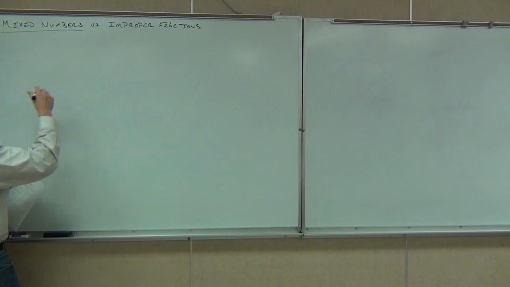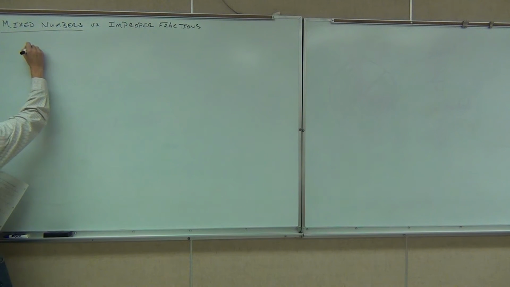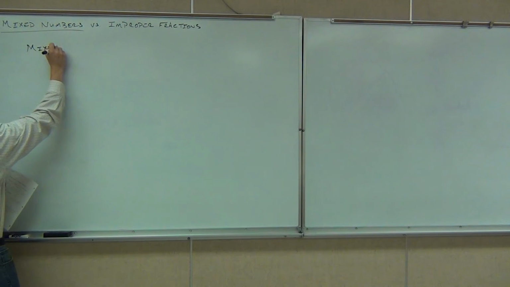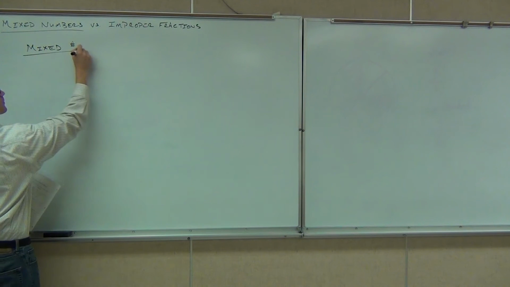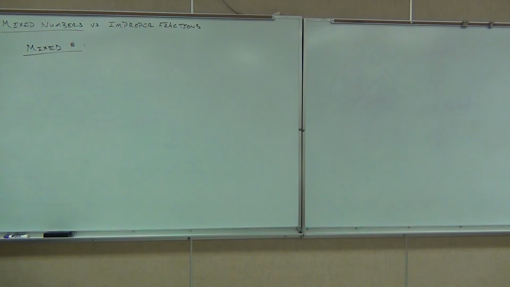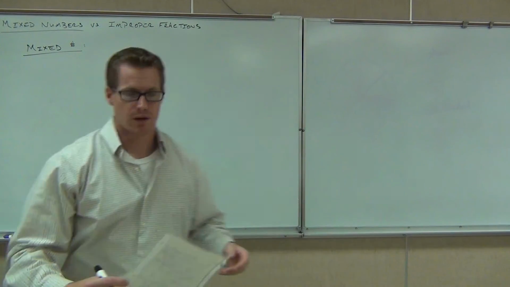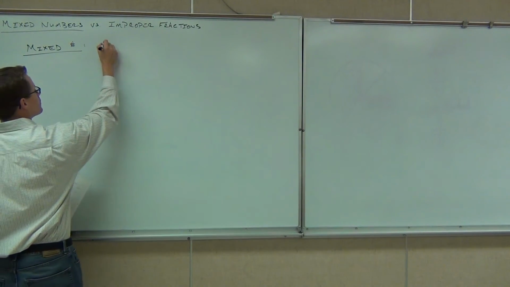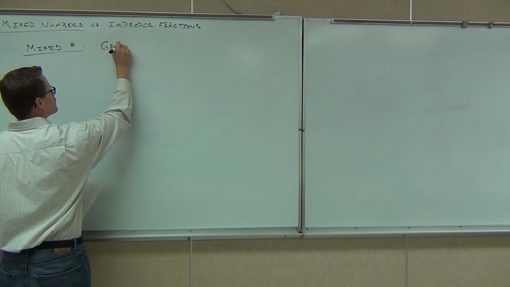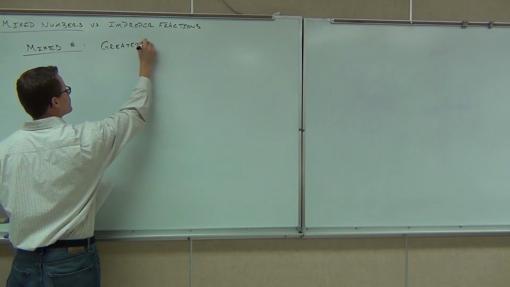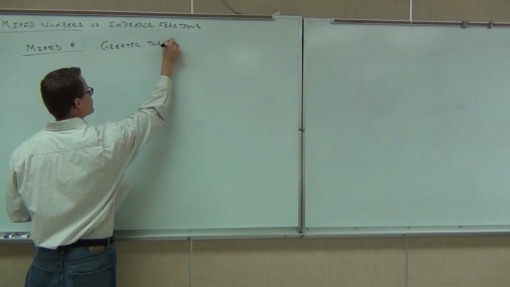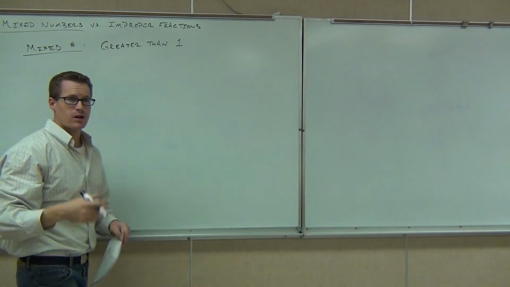So let's look at a mixed number. When I say a mixed number, or a mixed number fraction, what we mean is some value that's greater than 1. It's definitely greater than 1.